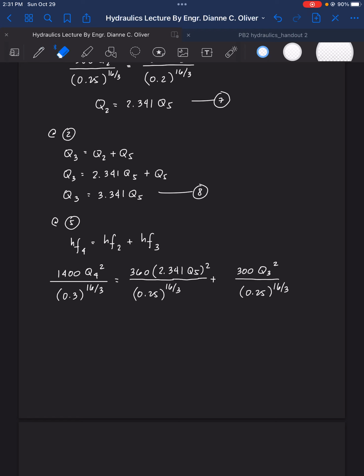Then for our Q3, that becomes 3.341 Q5 raised to 2. So we can now have here the value for Q4 in terms of Q5.